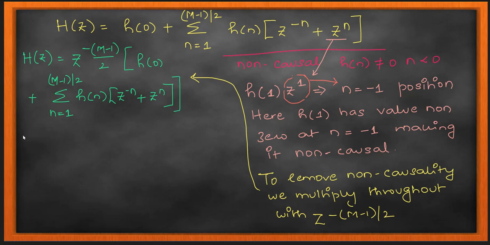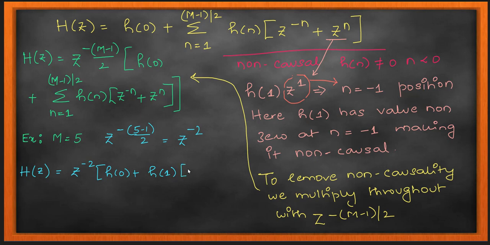Before, if I had z to the power of 1, which was occupying n equal to minus 1, it would be pushed, if m is equal to 5, to n equal to 1. That is what happens when I multiply with z to the power of minus (m minus 1)/2. I am showing this example for m equal to 5.